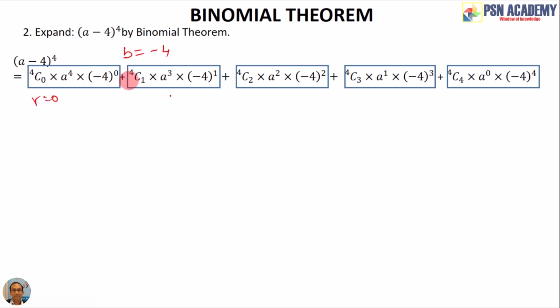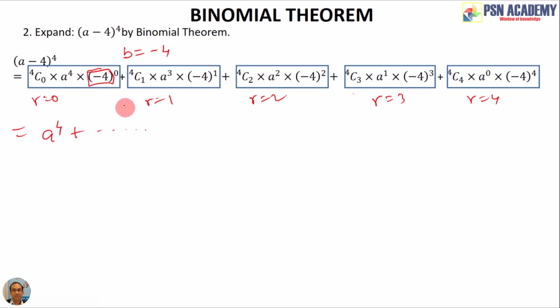So r equal to 0, 1, 2, 3 and 4. And we have this b inside. So this b, that is minus 4 raised to 0, will give you 1, and 4C0 will also give you 1. So the first term will be a raised to 4 plus, like that.